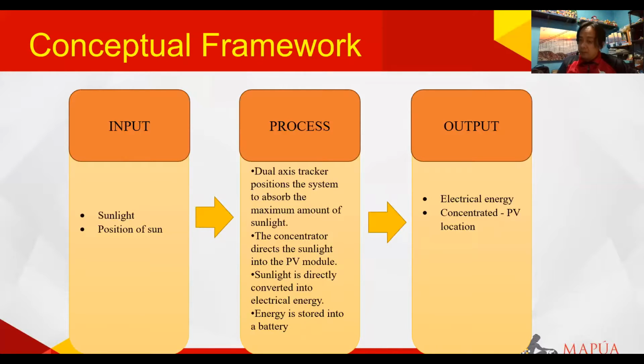In addition to this, now we have a V-trough concentrator, as we have already explained, that we can use to absorb the maximum sunlight. Since we have a tracker and absorb sunlight using a specific design, we can expect a higher energy output.